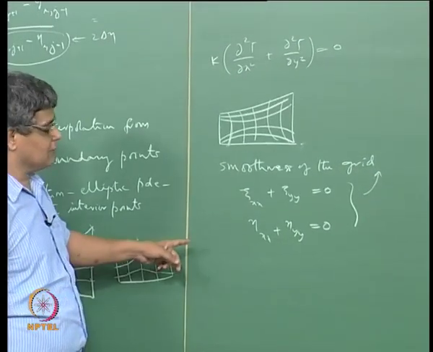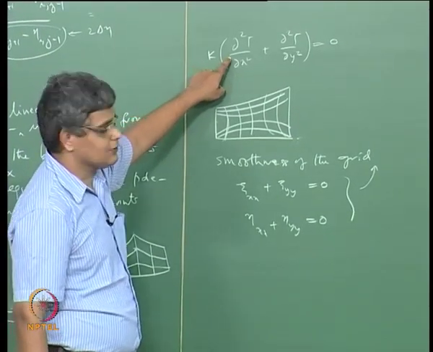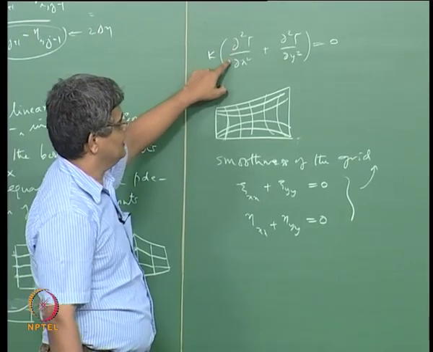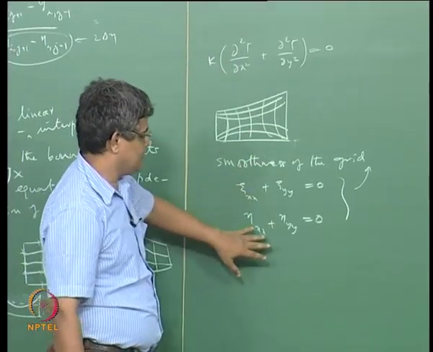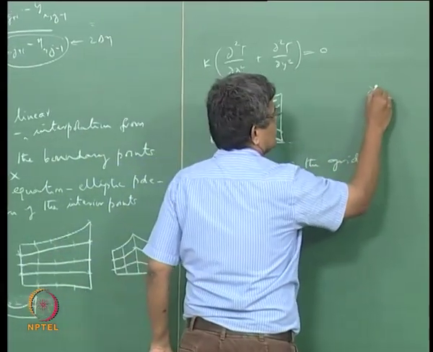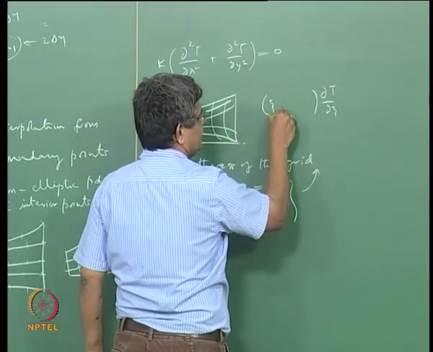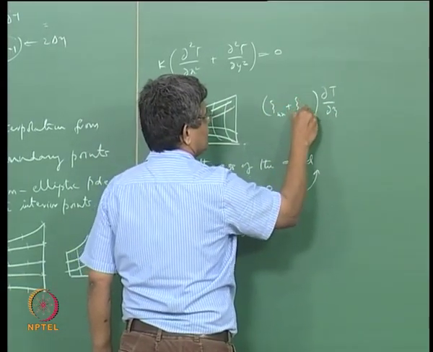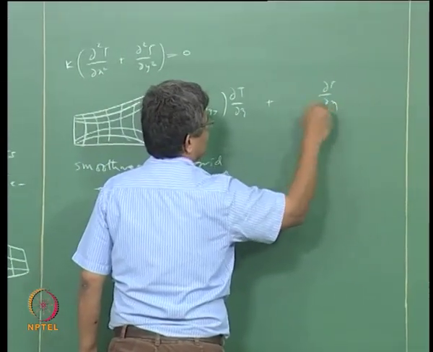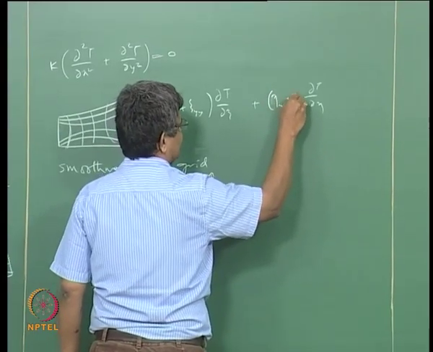And one would note also that if we were to transform this Laplace equation for temperature into the corresponding psi and eta coordinates, then we would have a dou T by dou psi term which has psi xx plus psi yy, and a dou T by dou eta term which will have eta xx plus eta yy.